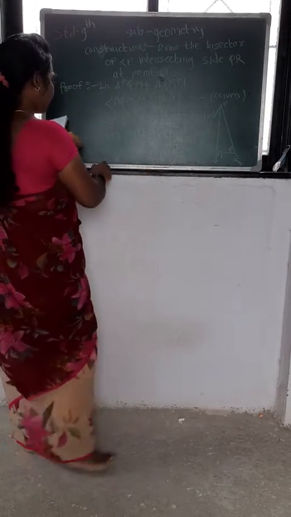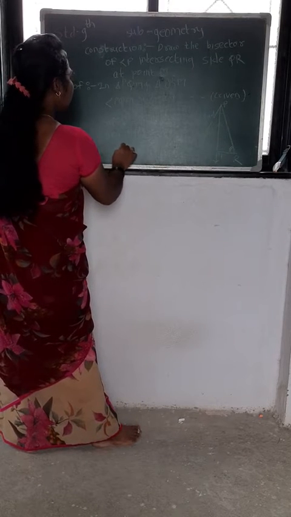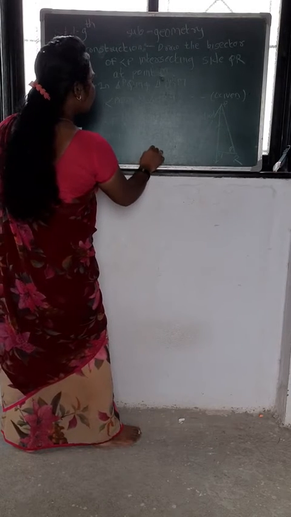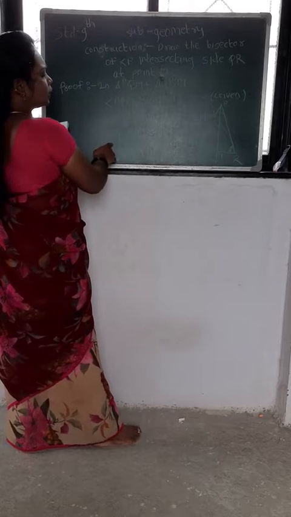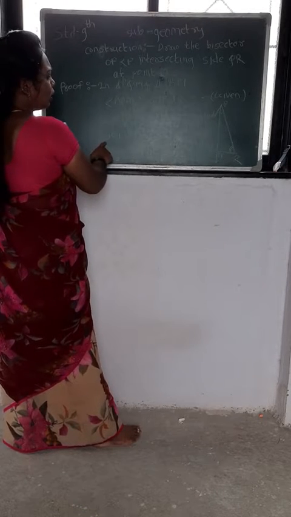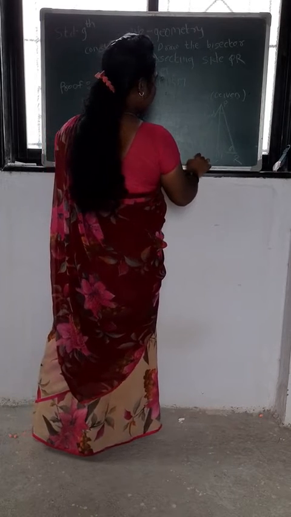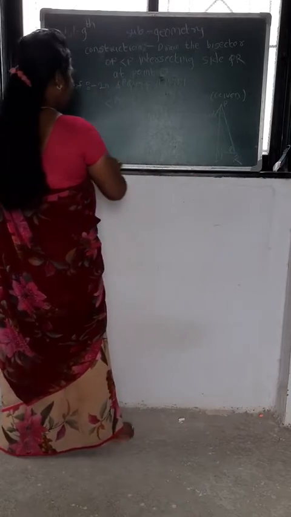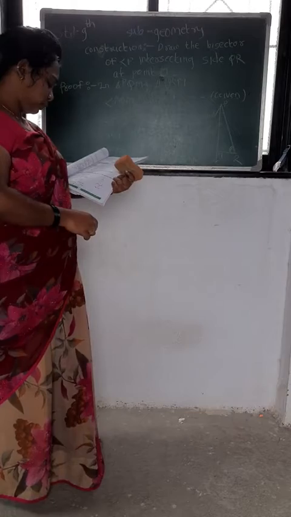Therefore, triangle PQM is congruent to triangle PRM. By which test? Two angles and the included side are congruent, so by the angle side angle test, triangle PQM is congruent to triangle PRM.